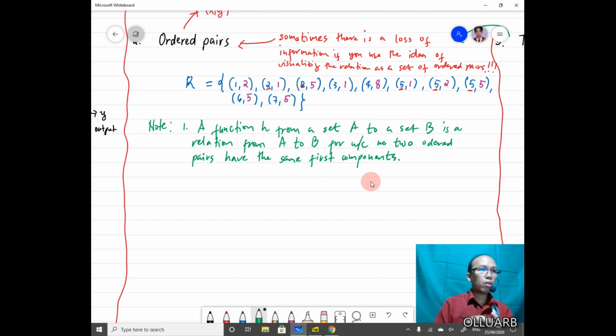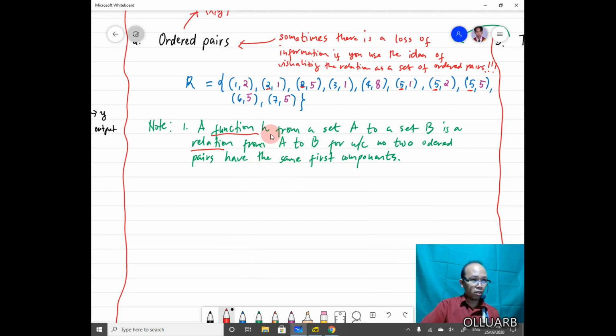So remember always that a function is always a relation, but not all relations are functions. Okay, so please do remember that.